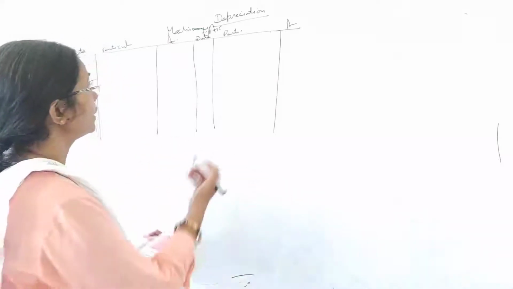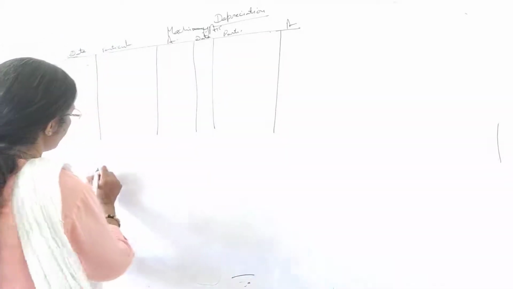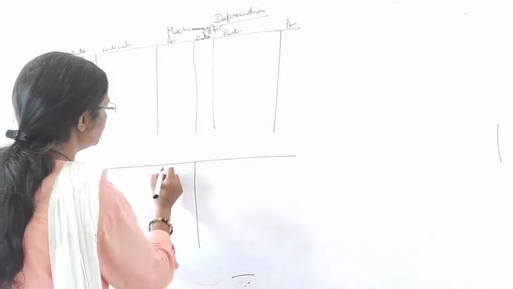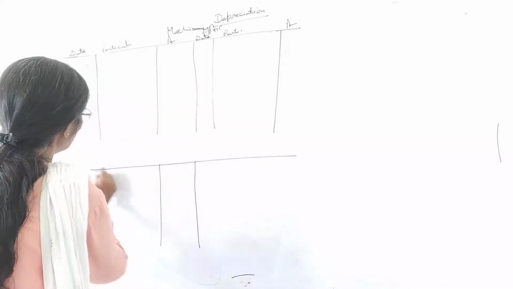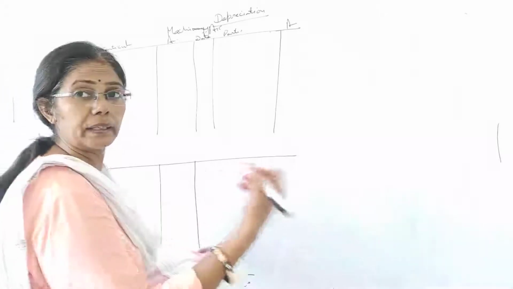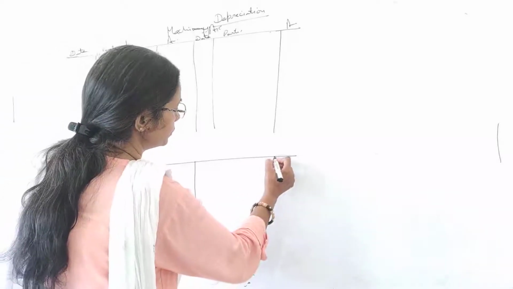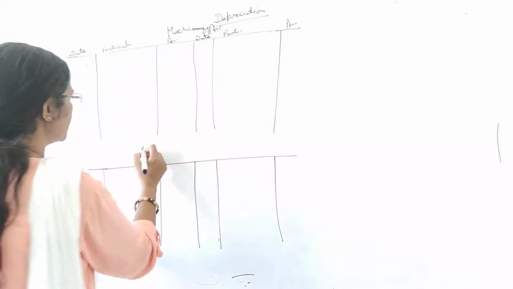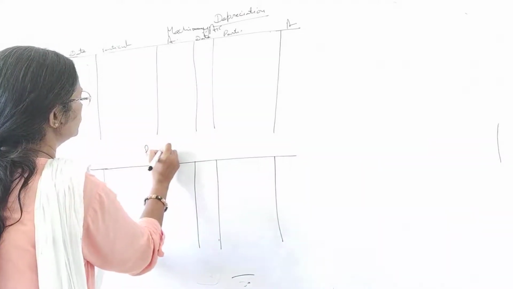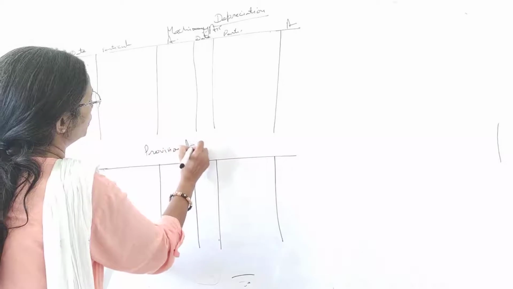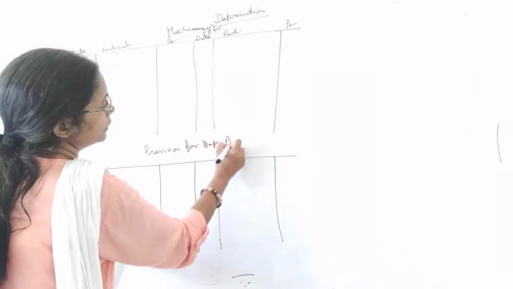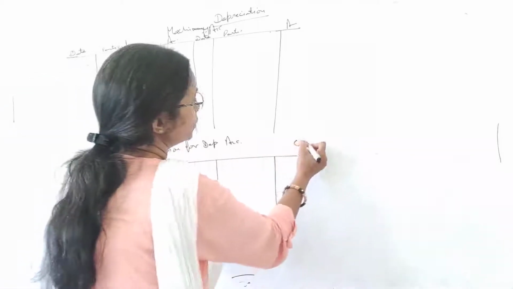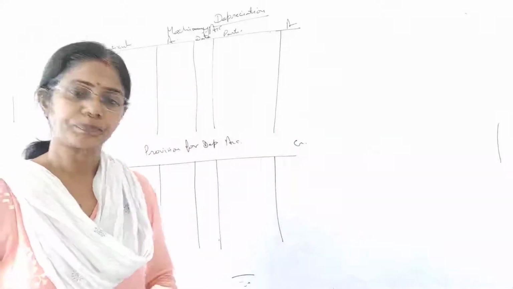Let's prepare another account also side by side. I'm preparing it here only, so it's easy for you to understand when both the accounts are together. So this is your machinery account and this is provision for depreciation. This is your debit side and this is your credit side.